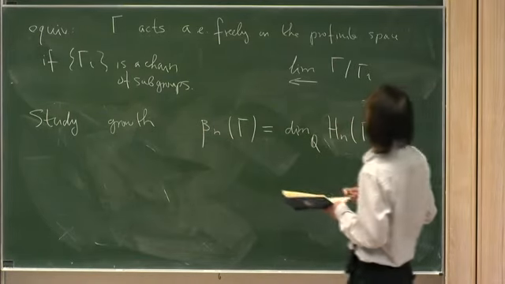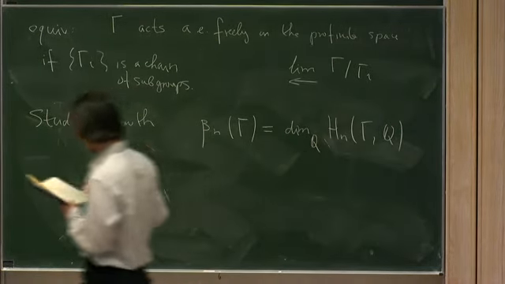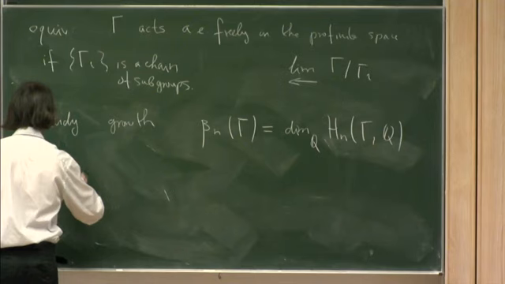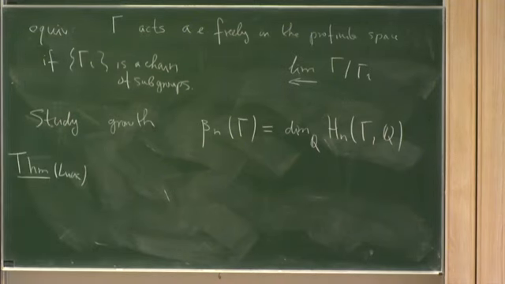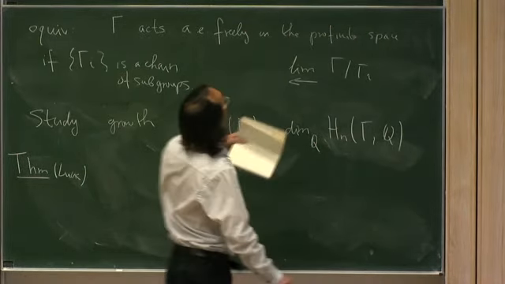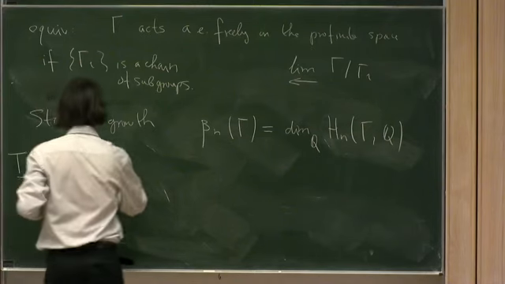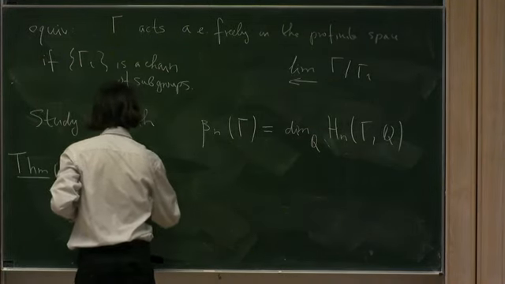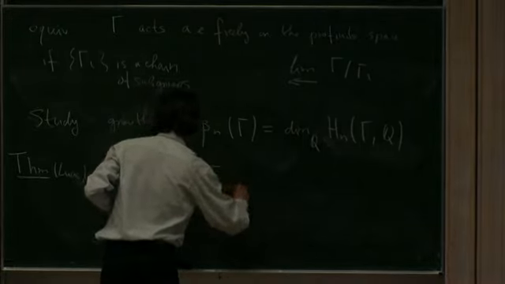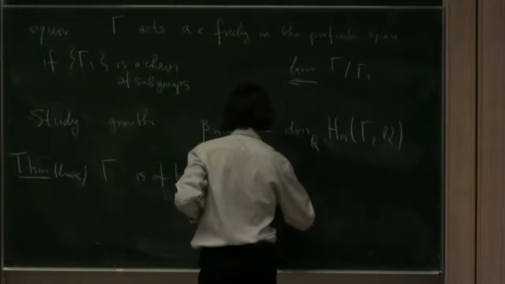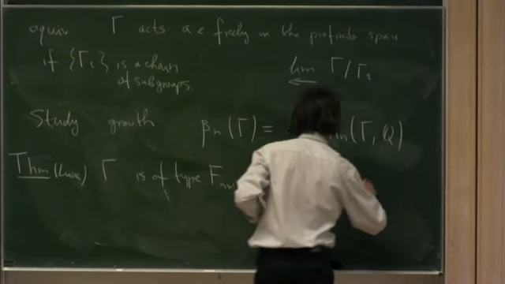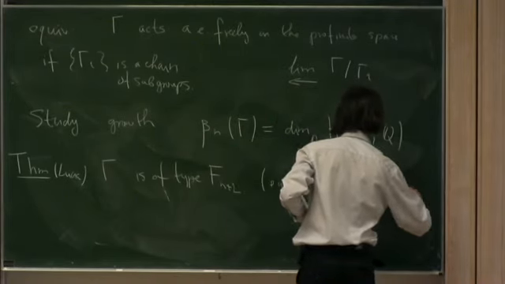And then here is a theorem. Lück proved this theorem when Gamma is of type F_{n+1}, for example finitely presented if n is 1.